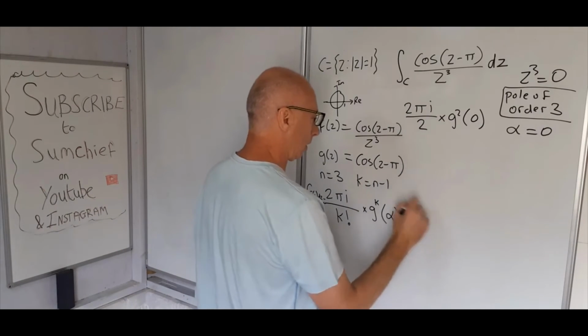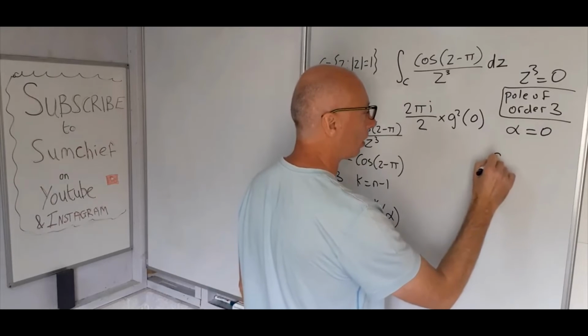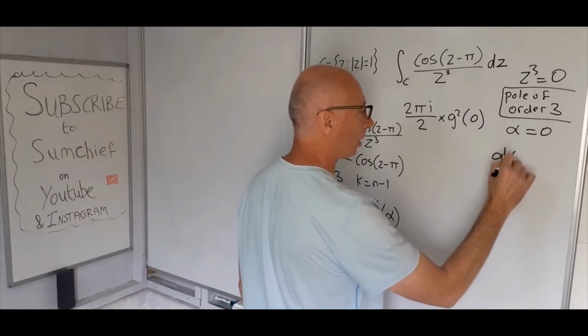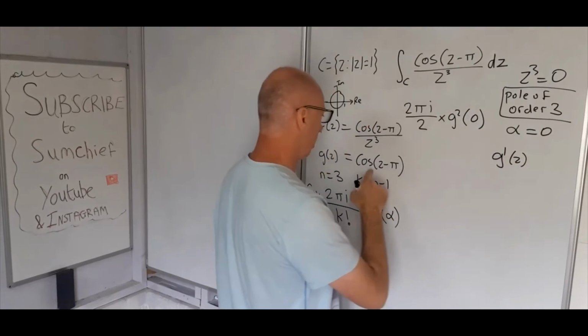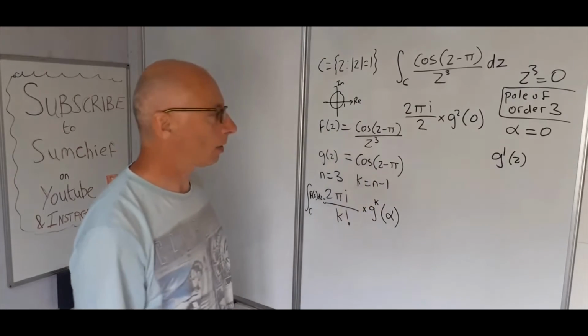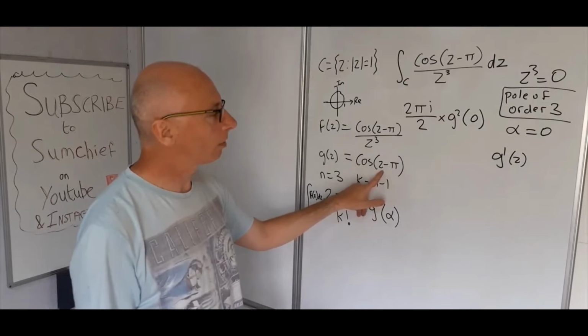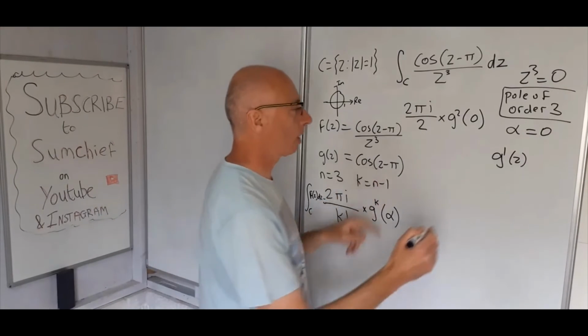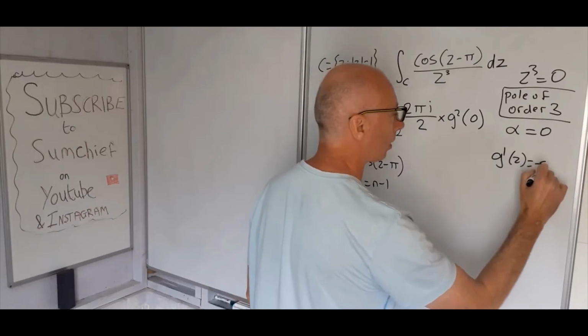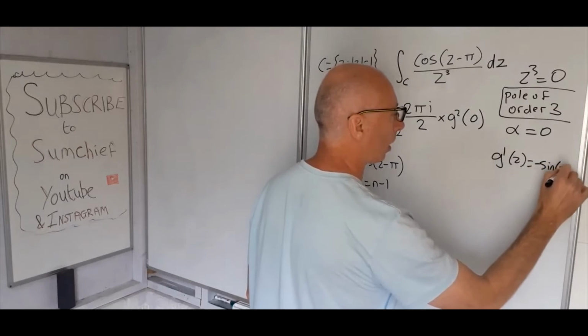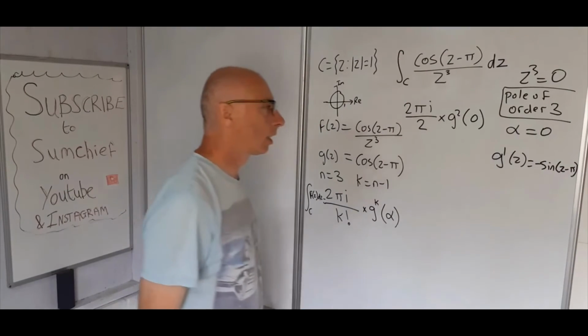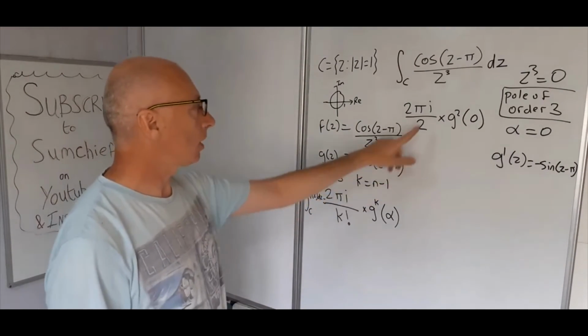So let's go down here. So g prime of z is basically cosine becomes minus sine, and then using the chain rule, the derivative of z minus pi is 1, multiplying by 1 makes no difference, so it's just minus sine of z minus pi. Now we need to go again because we need the second derivative.